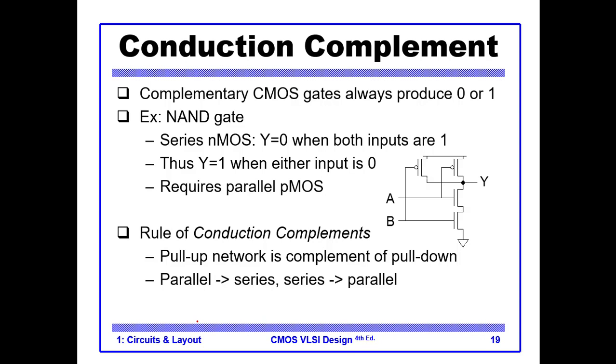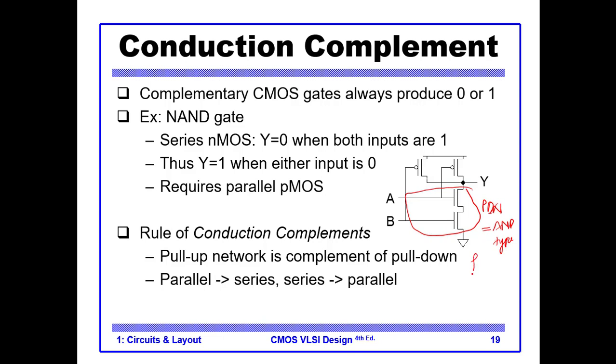So complementary CMOS gates always produce zeros or ones. For example, this is a NAND gate. You see why this is a NAND gate? Because if I look at the pull down network, it is of N type, and they are in series.